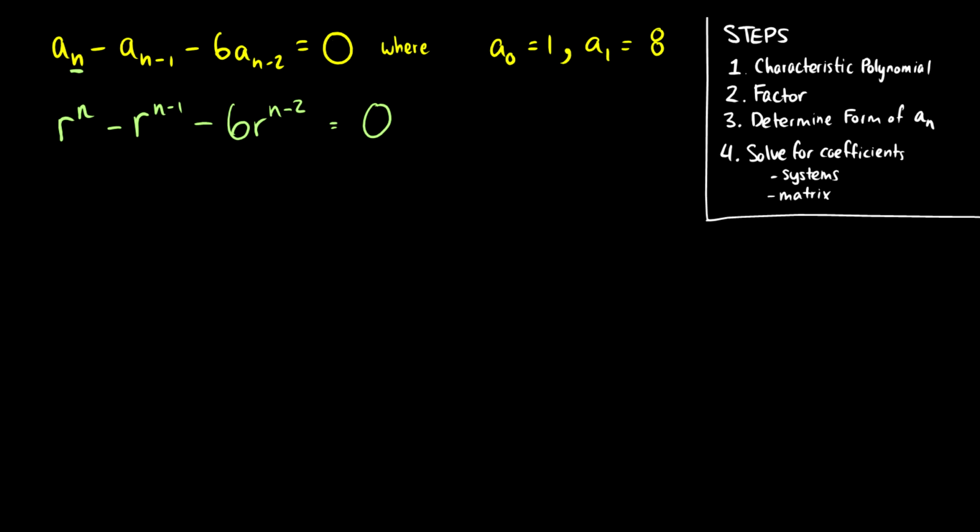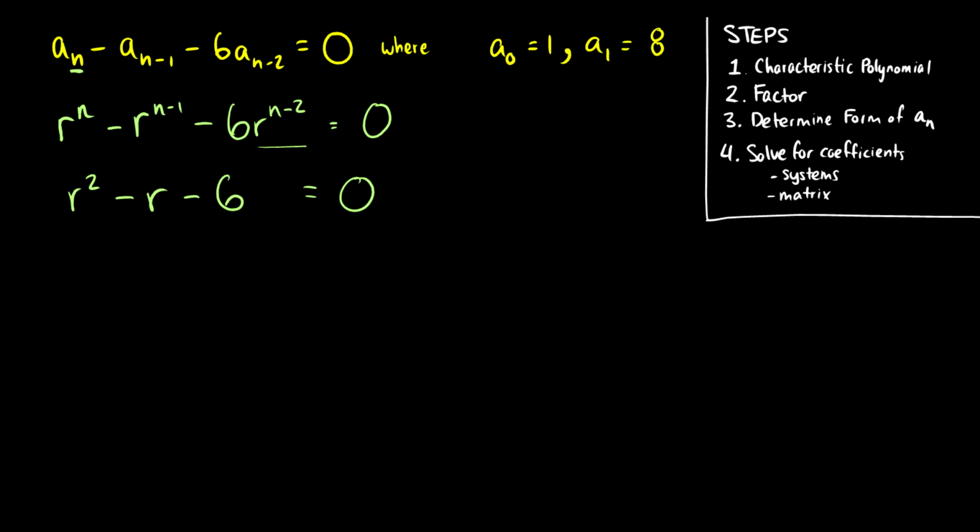Now we're going to divide by the lowest power of r here. So we're going to divide each term by r^{n-2} because it's the lowest one. So we're going to be left with r^2 - r - 6 = 0.